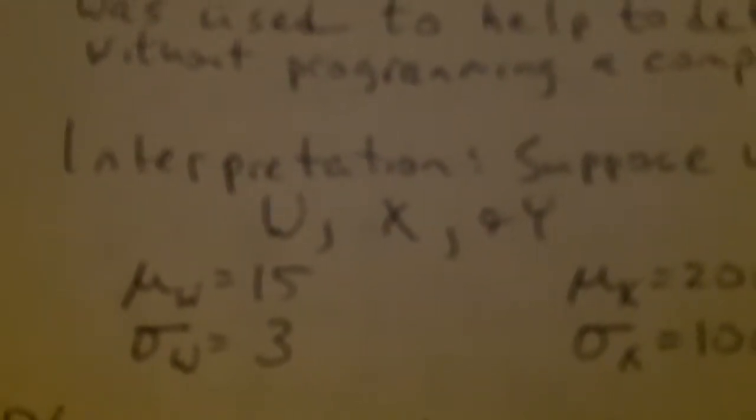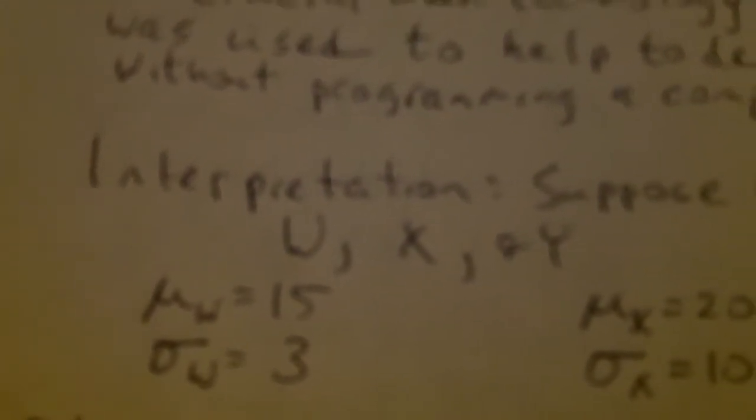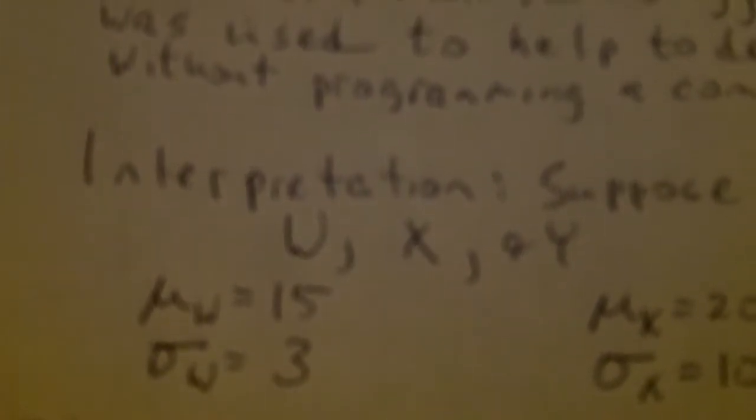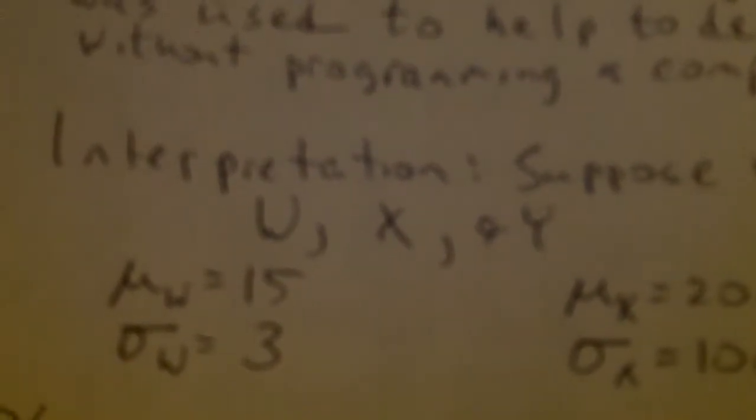And that will be the same for any normal distribution, the same way that the empirical rule said that if we're within 1 standard deviation of either side of the mean, it's going to contain approximately 68% of the data, or a probability of approximately 0.68.